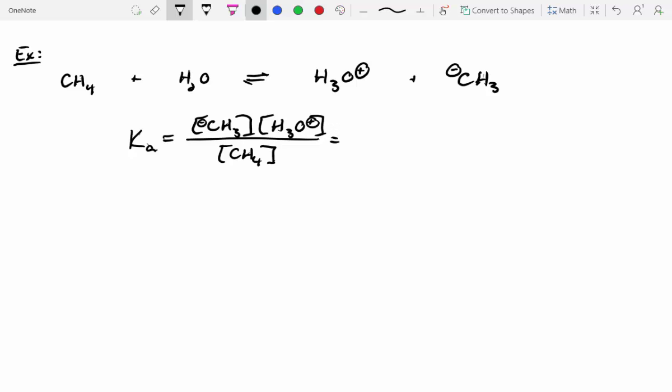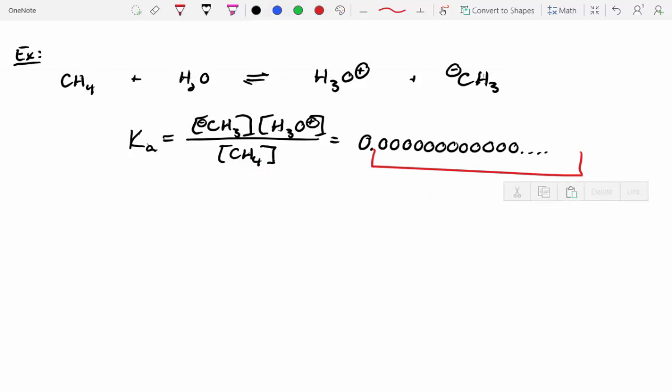Does anybody think this is going to be a large number or a small number? Small. All right. If we do this, my hand might start cramping. It'll be 0.0000000000000. In fact, I don't want to write them all. Whoa. In fact, we have 48 zeros after the decimal.